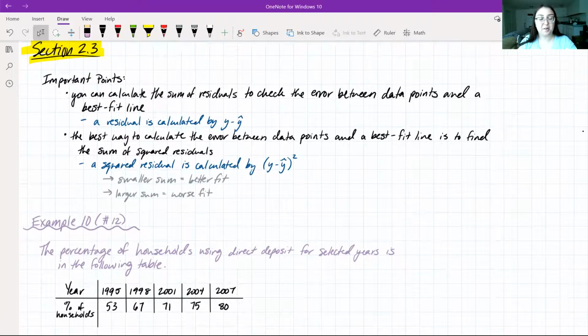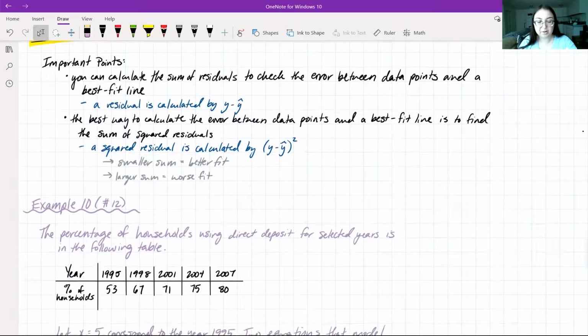The best way, though, to calculate the error between data points and a best fit line is to find the sum of the squared residuals. So like we said before, the sum of the residuals is an okay way to find error, but the sum of the squared residuals is a much better and much more accurate way. So always remember, the best way is the sum of the squared residuals.